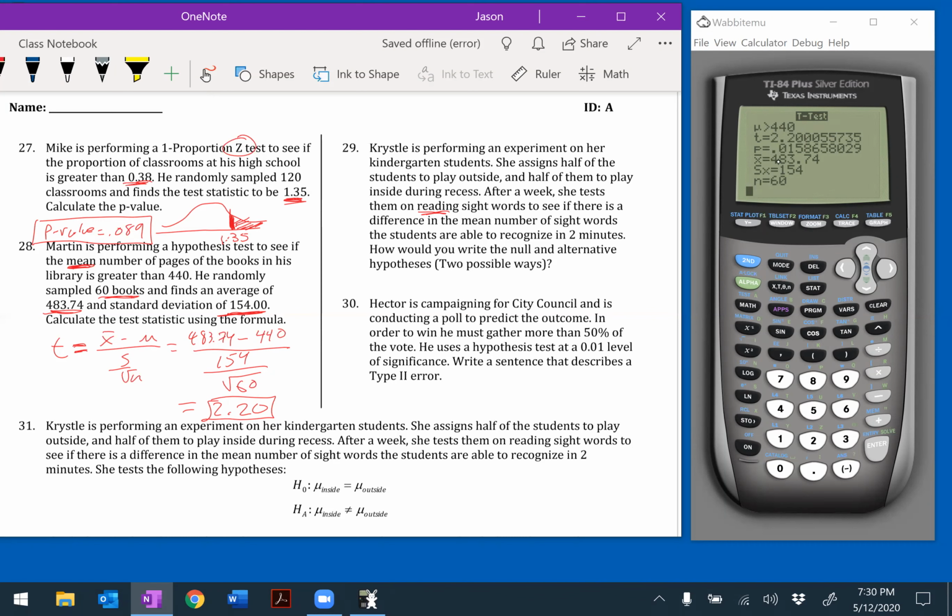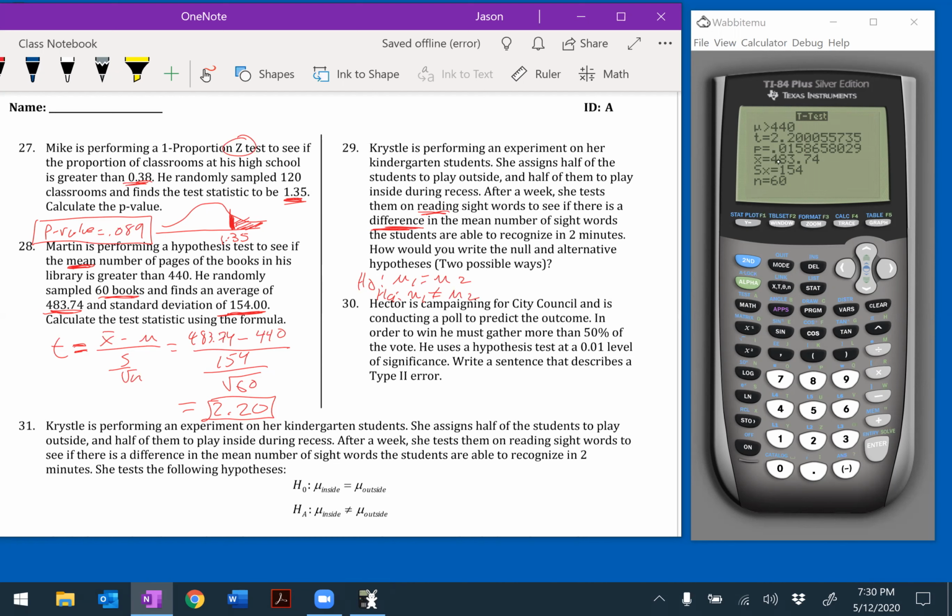So H0 is that mu1 is equal to mu2. HA is that mu1 is not equal to mu2. It's a difference. We want to see if there is a difference, not a greater or less than.